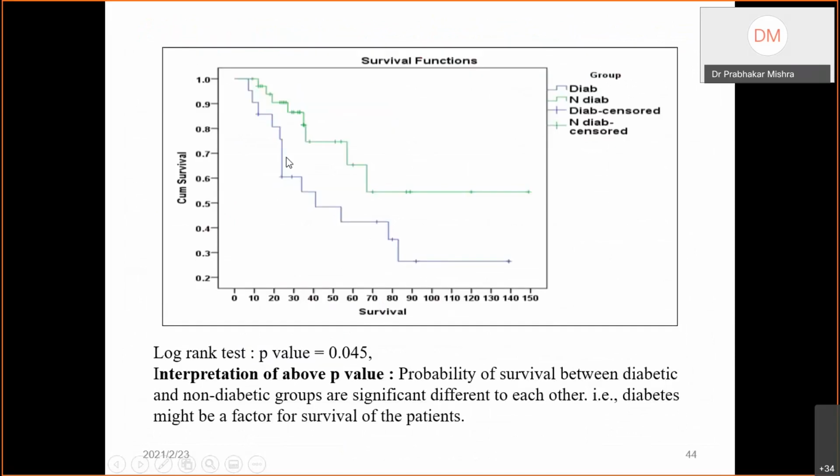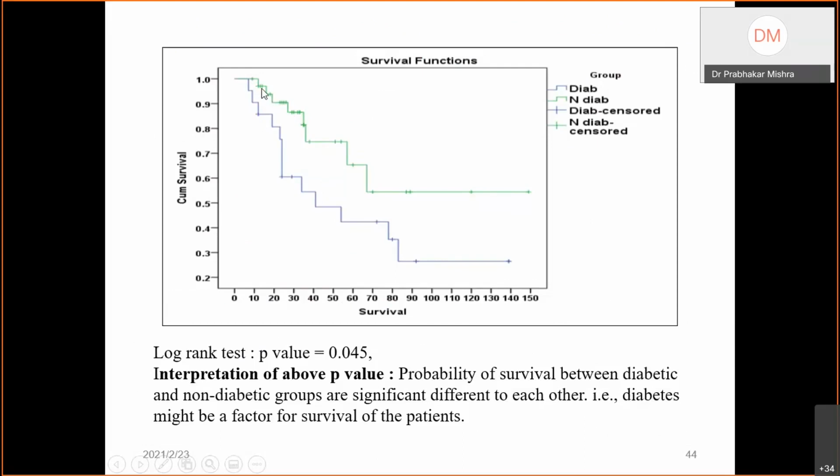And see, this is the graph that is coming. In the green color it is showing the non-diabetic group, and this is the diabetic group. See here, since the starting point, we can get quite a different graph plot between two groups.